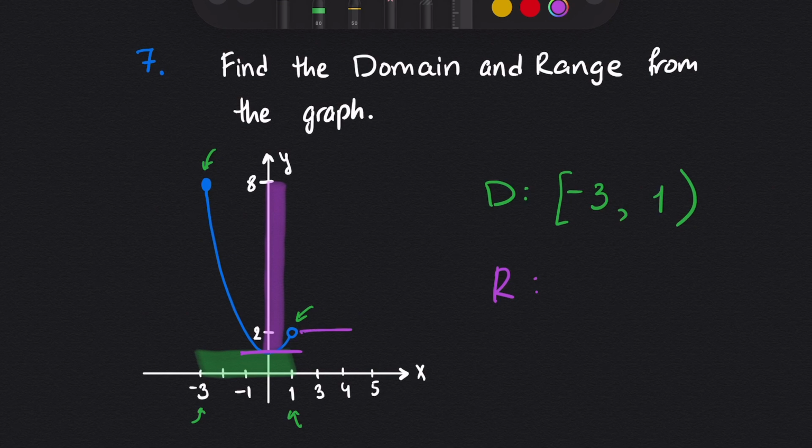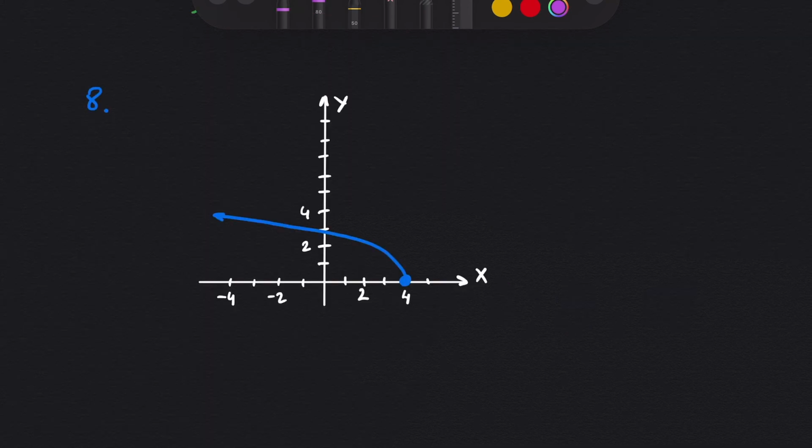It might seem like it's going to start from there because our function starts from there, but it's going to start from here, which is 1. So it's going to be 1 included, and all the way to 8, where our function stops. So it's 8 included. That's our range.